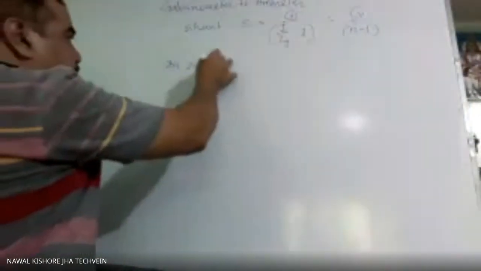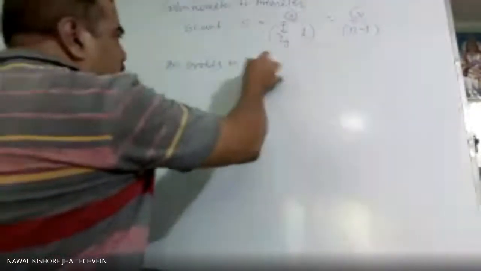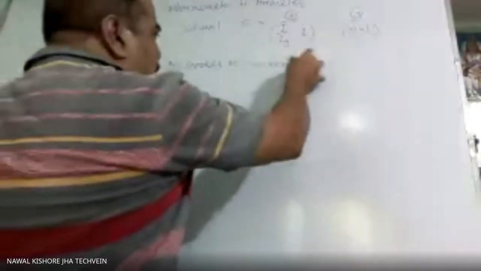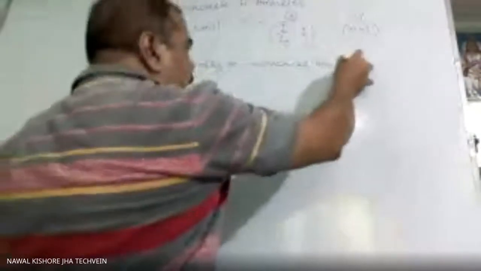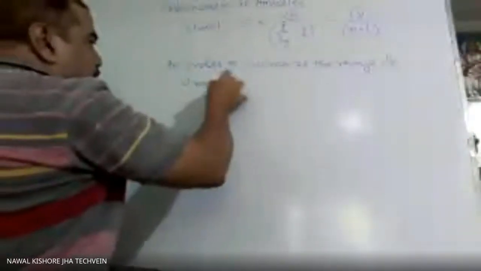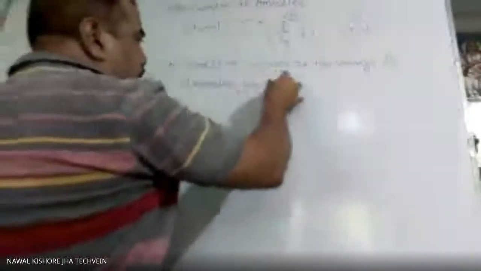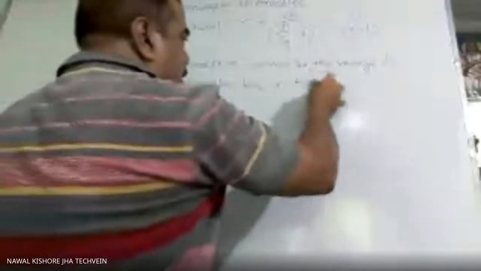And in order to increase the range of ammeter by n times. So if the current is 1 ampere and we want to measure 100 ampere, that is 100 times we have to increase the range.